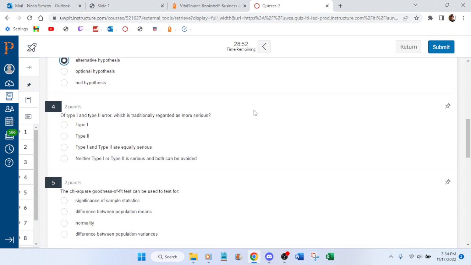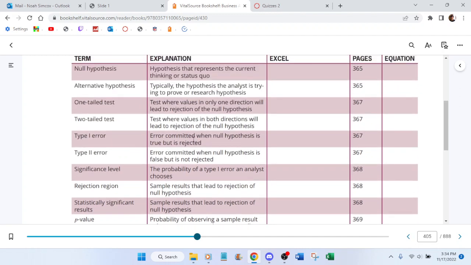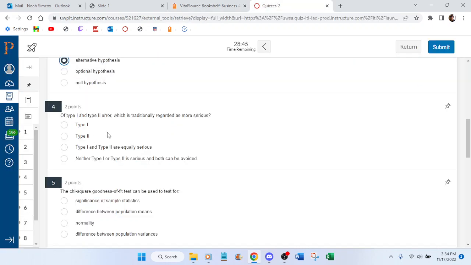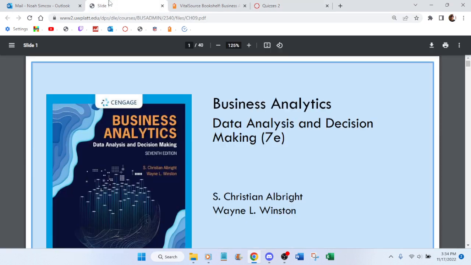Which is more serious? Type 1, I think. Type 1 is... the chi-square goodness of fit test. Chi-square.